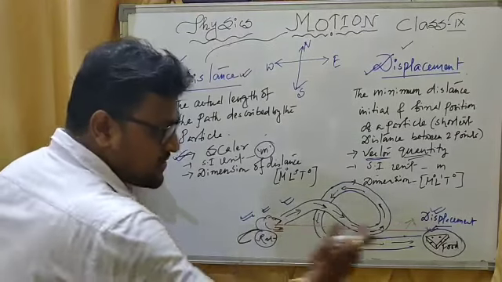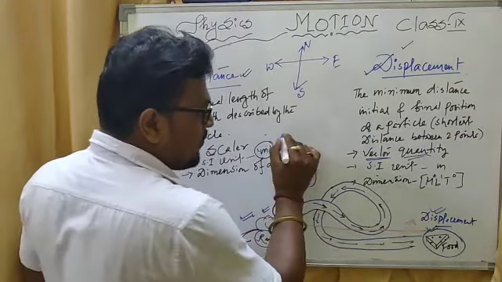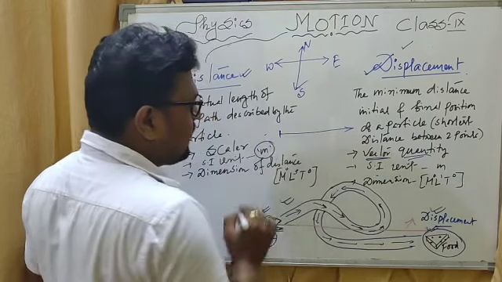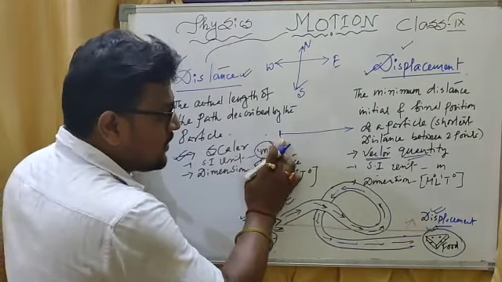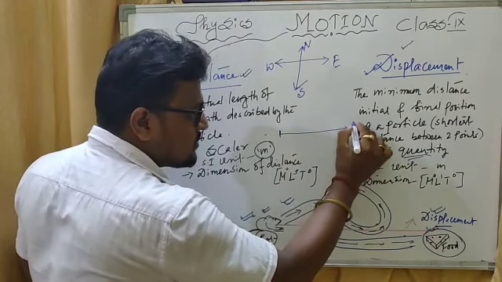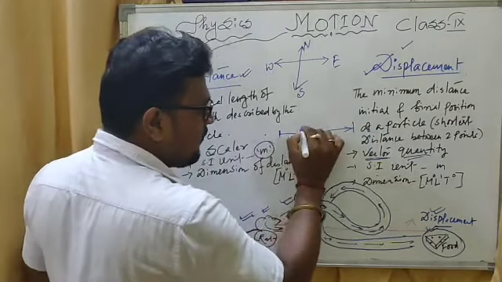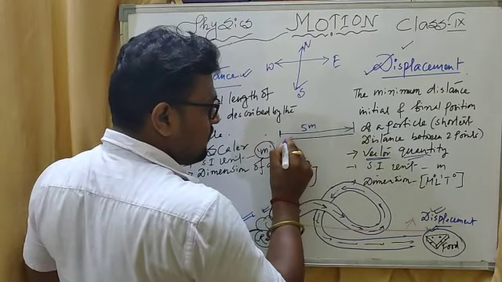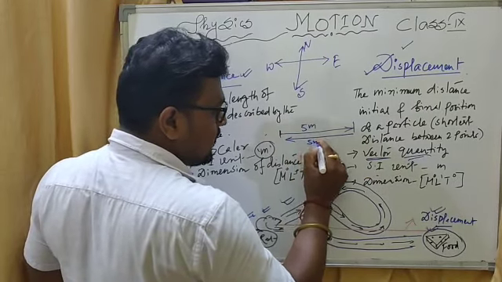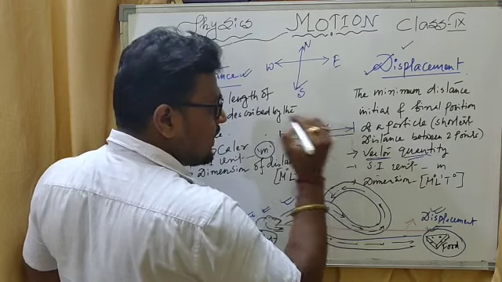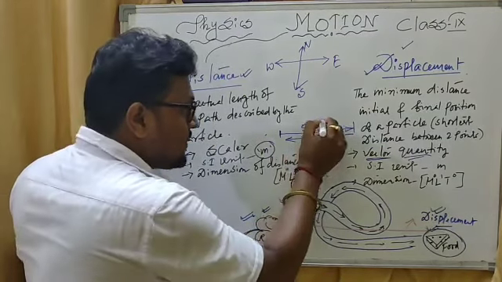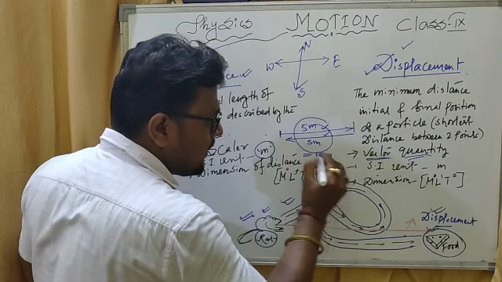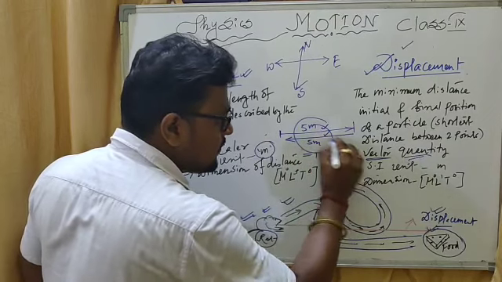Why? In opposite directions. Let us imagine from your house you reach the shop, 5 meters. After purchasing something, you return back to your home. This is called opposite direction. In opposite direction, the distance is 5 plus 5, 10 meters, and your displacement is 0.